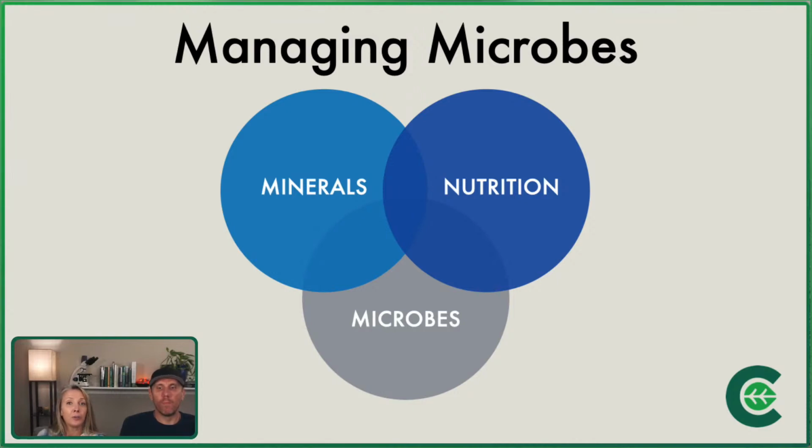And then the other two components are the minerals, which are also a food resource for your microbes. They need these mineral components in order to do their functions, to make their enzymes. And then the nutritional component is also the way that we feed them with different food resources, the way that we feed the plant as well, all in balance together, everything working in harmony so that nothing is too much or too little, and we can get the outcome that we want with living soil.